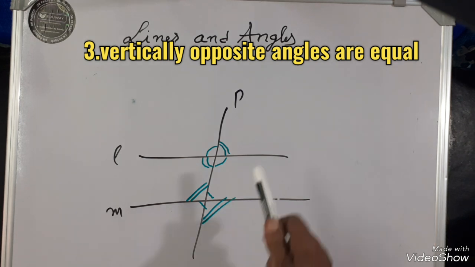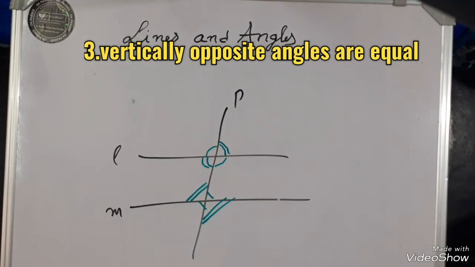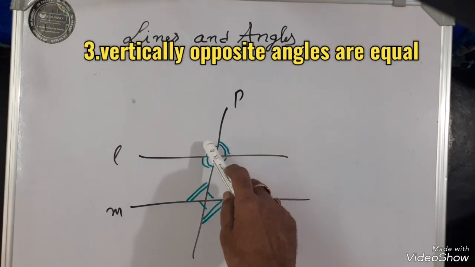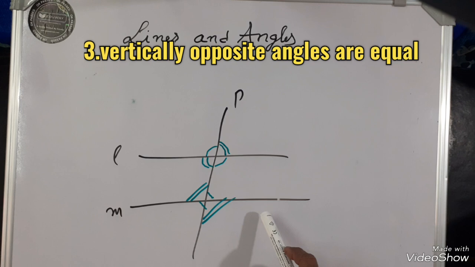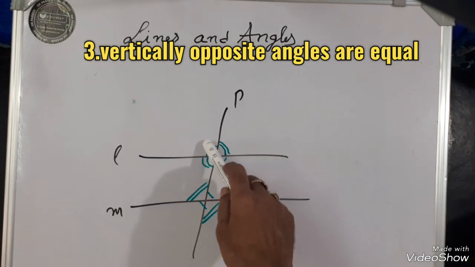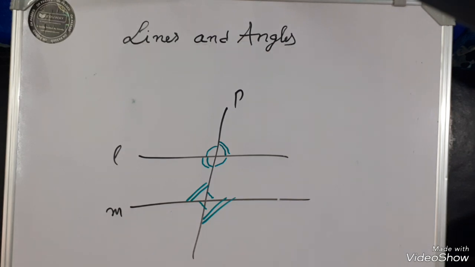So when two lines are parallel and we draw a transversal, 4 pairs of opposite vertical angles are found, and they are equal. Only when these two lines are parallel are the opposite vertical angles equal. Is it clear?